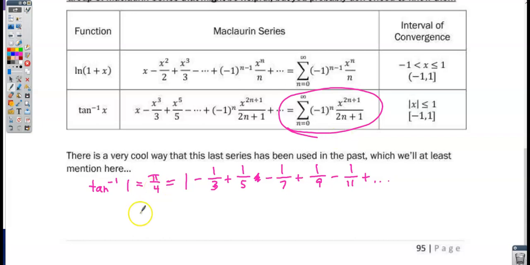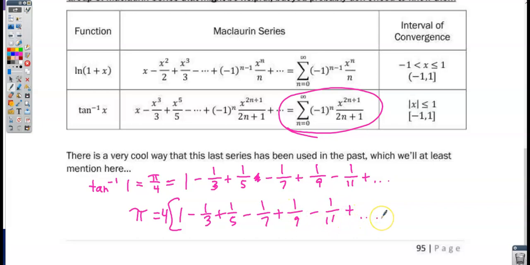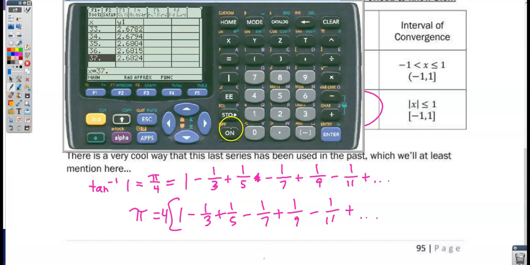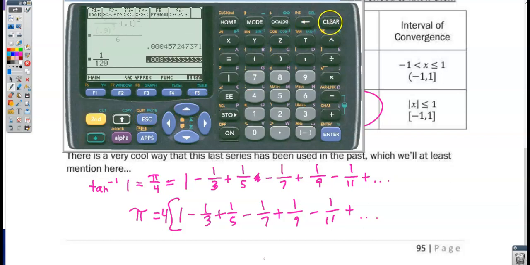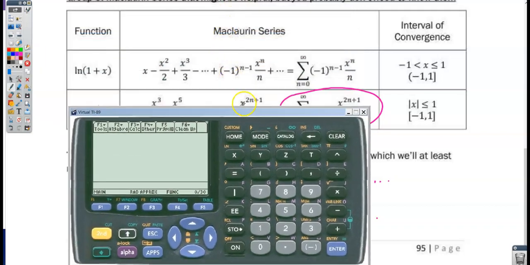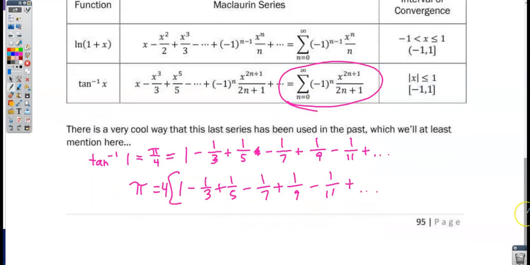And so if we take this series and multiply it by 4, we get pi. And so going back to using the summation like we have on our calculator in the past, we can find the sum of this for a bunch of terms. We could go ahead and program this series into our calculator.